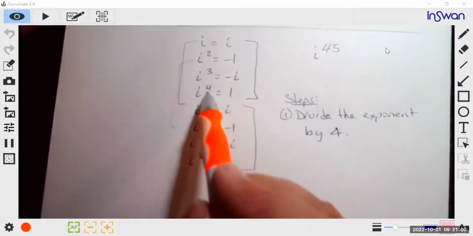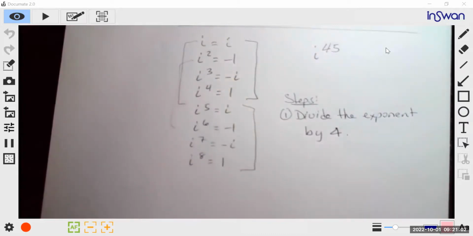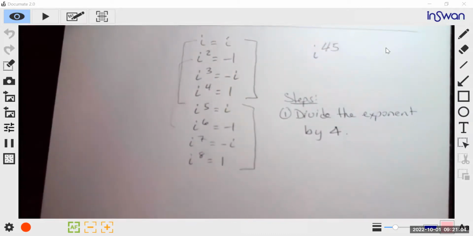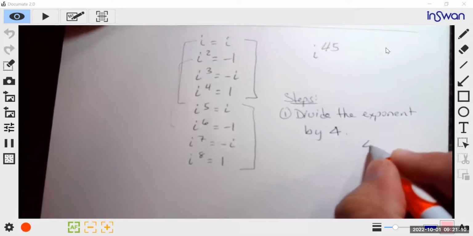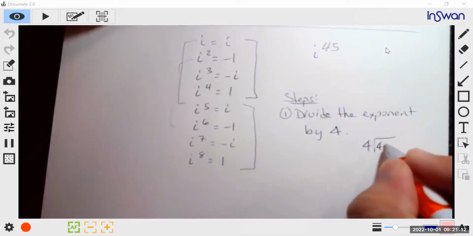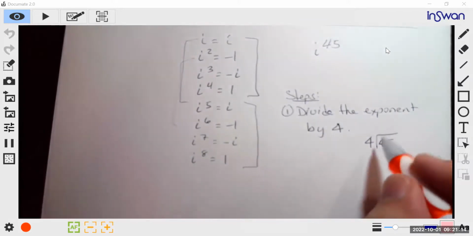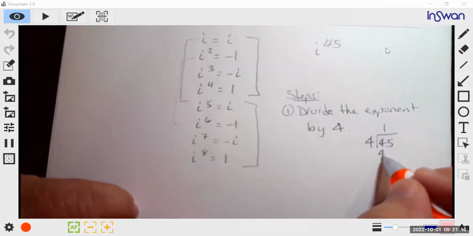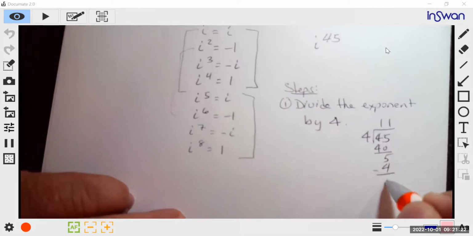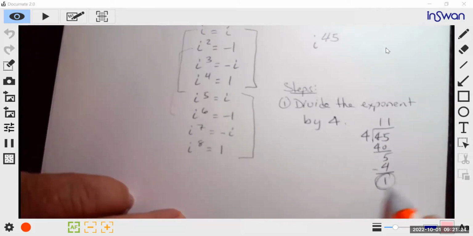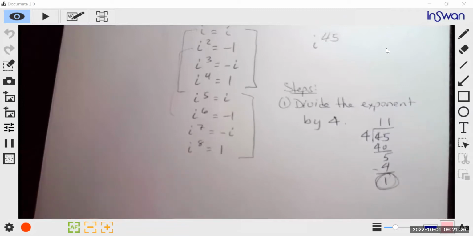Because our groups are in groups of 4. They start repeating themselves after the 4th one. So in our case, 4 goes into 45. 4 goes into 4 once. 4 goes into 5 once. We want the remainder.